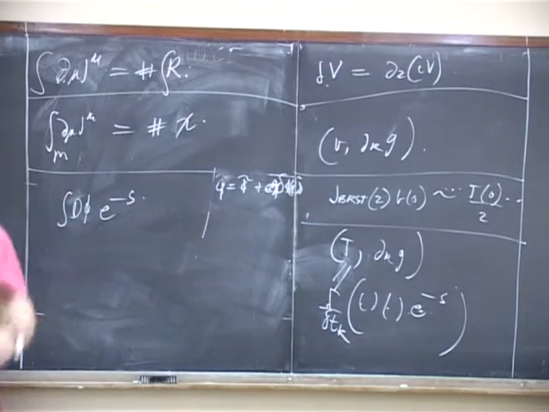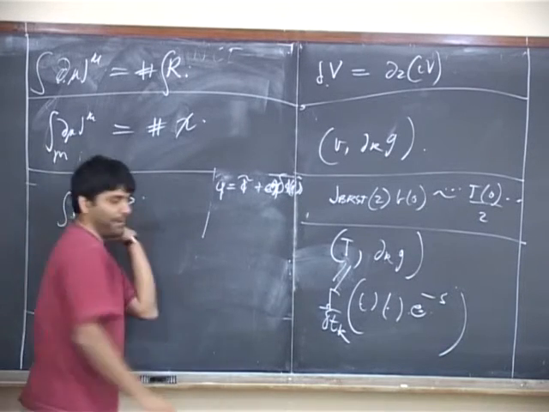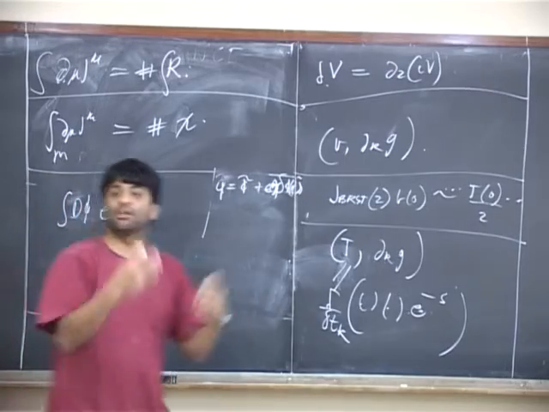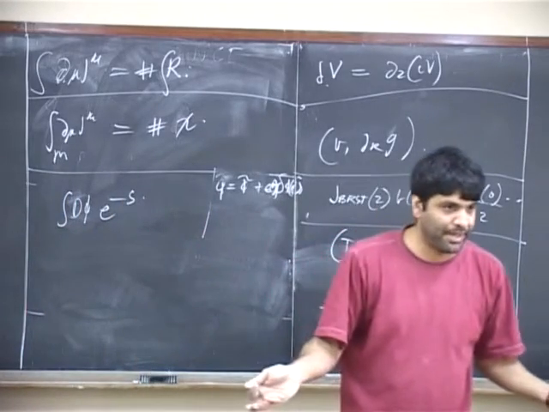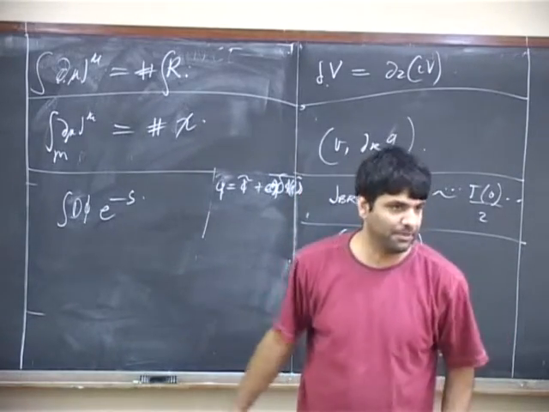We said that if it's a symmetry, then the change in the measure and the action will involve no terms involving epsilon, but could and in general will involve terms involving the derivative of epsilon.